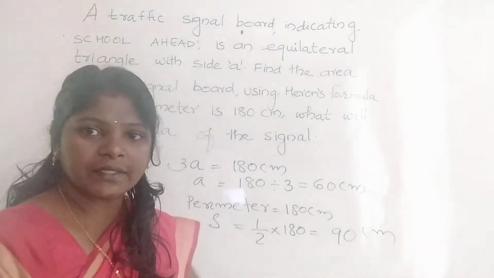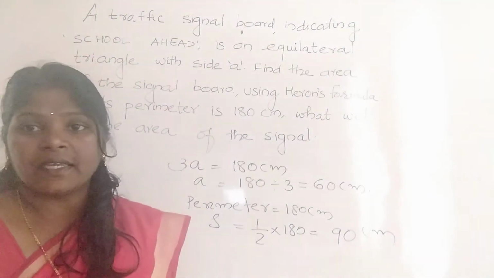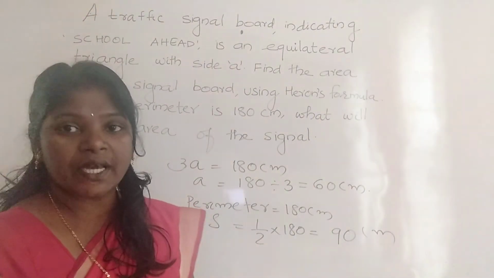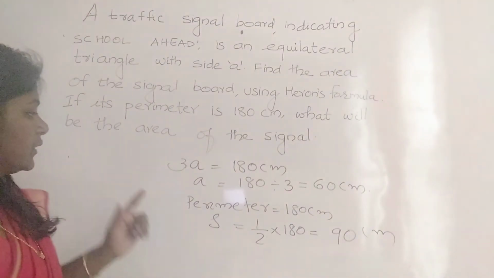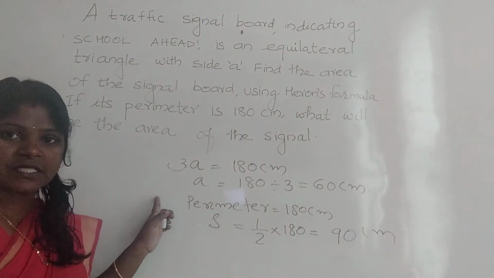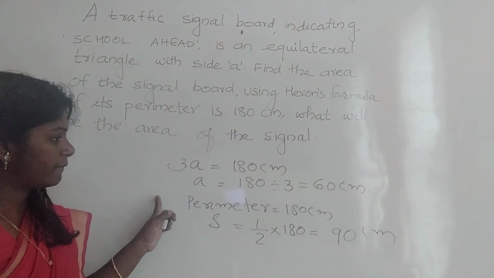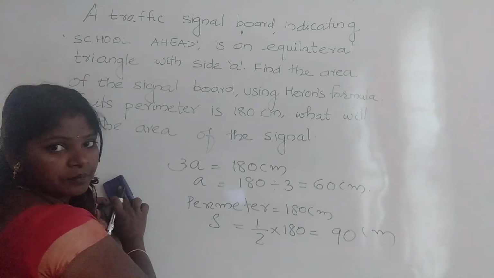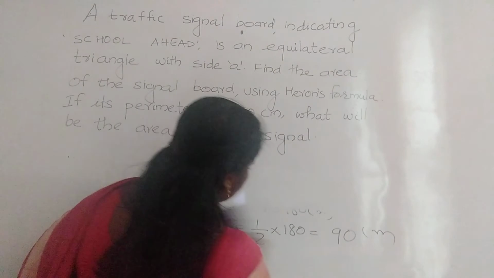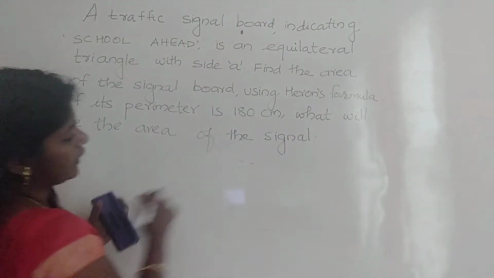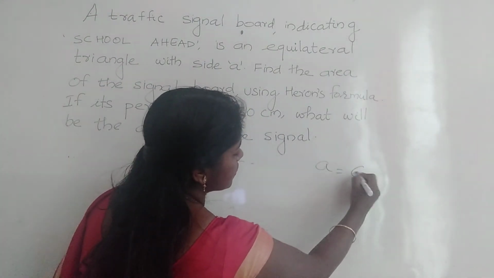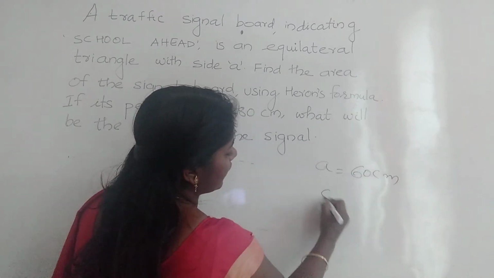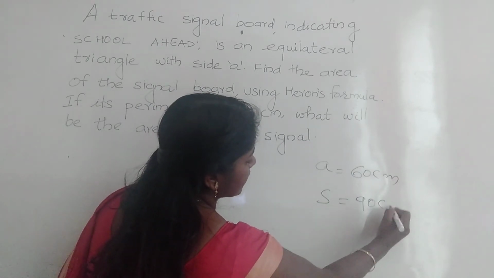Then we can apply Heron's formula here, and we can substitute these values into Heron's formula. Please note it. Here we got A as 60 centimeter and S as 90 centimeter.